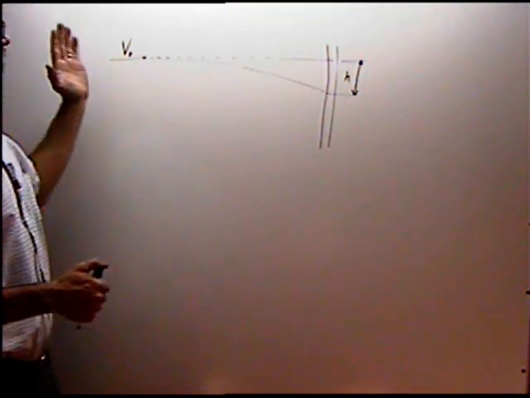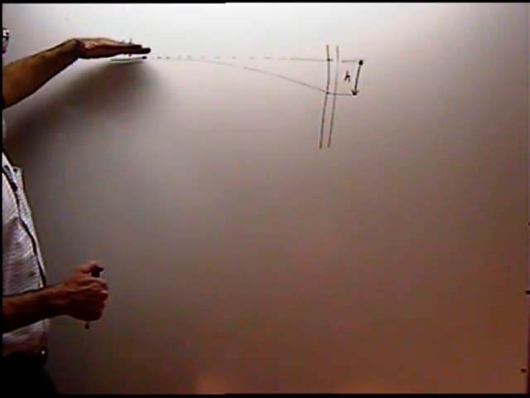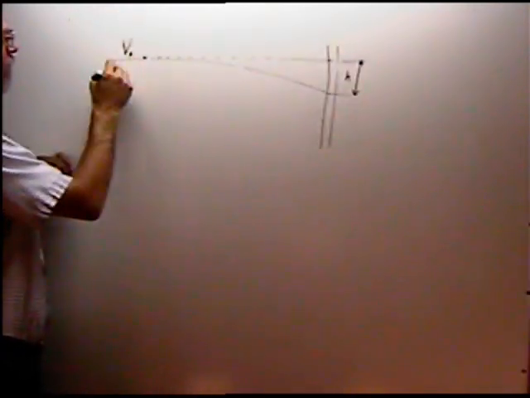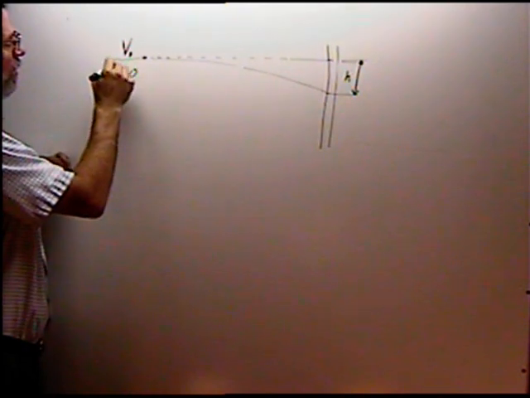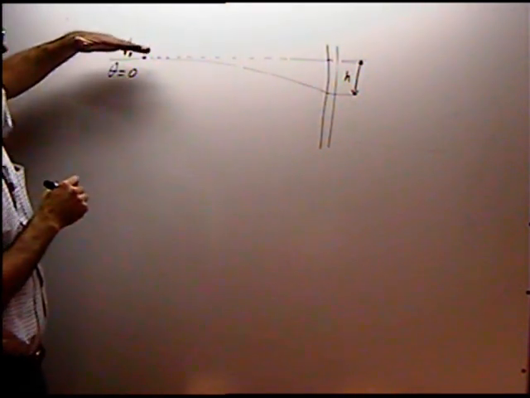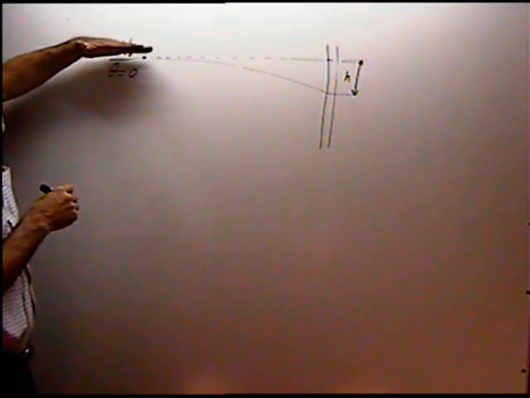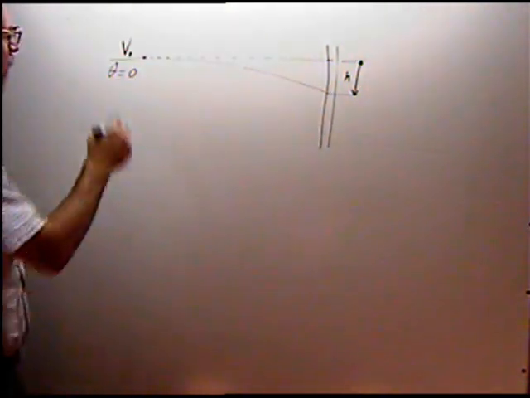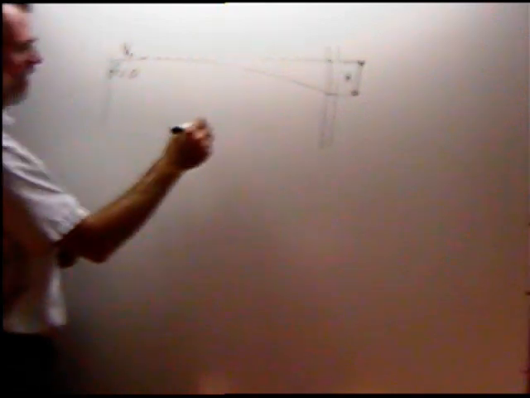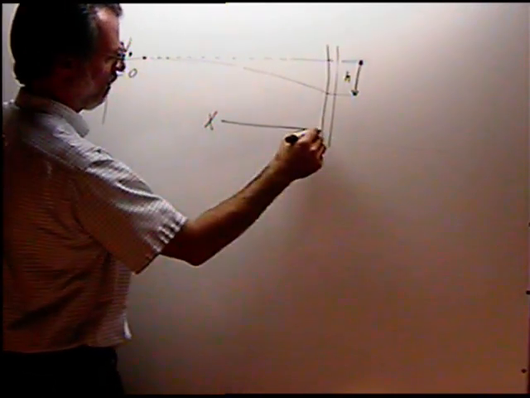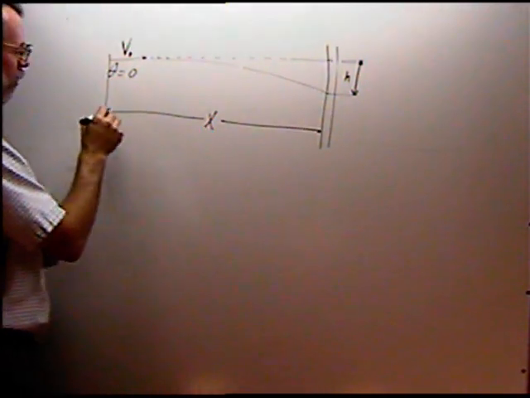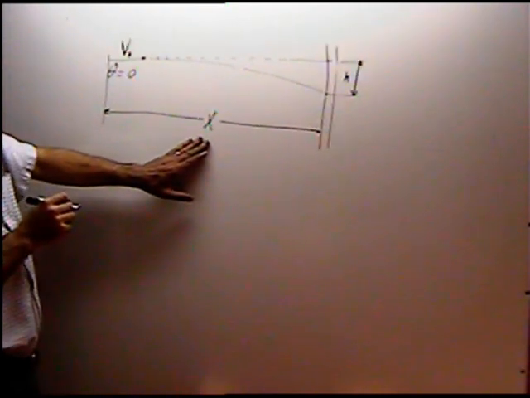Okay, we could solve that situation too, but for right now, let's assume that we're shooting purely horizontal. The angle here is 0. There's no angle above the x-axis or below. It's purely horizontal. And let's say that we know this distance. We know what x is.